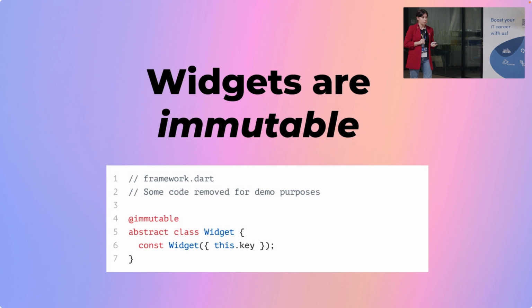But there is one thing that we also need to remember about widgets. If we take a look at the source code, we see the @immutable annotation, and this means that widgets are immutable. The properties are final. You can't change anything after you create a widget, and if you want a new one, you need to create a new instance. So every time your build method is called, you literally create a tree of new widgets.